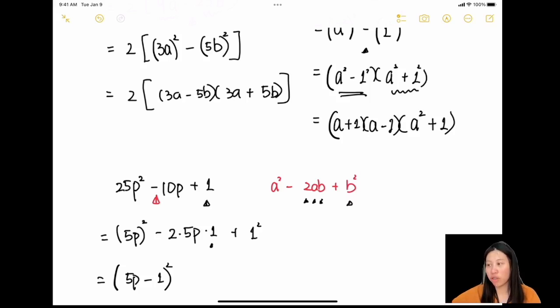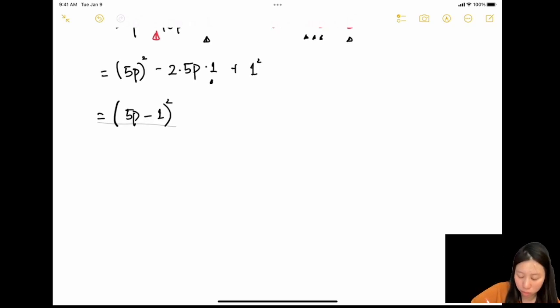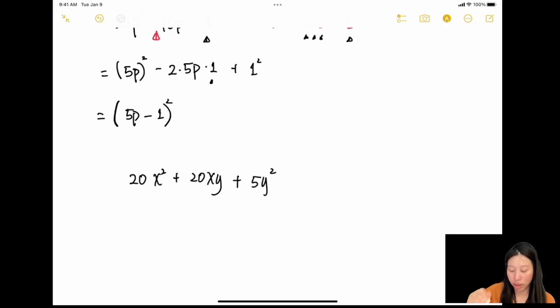Okay, now let's try another one. What about 20x squared plus 20xy plus 5y squared? Again, the first step is always trying to factor the common factor. In this case, the common factor would be 5.